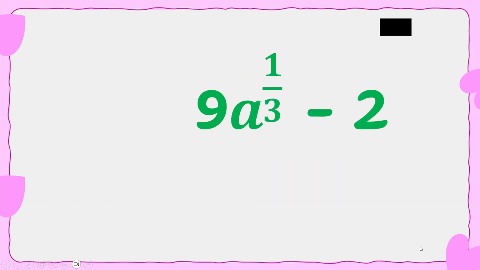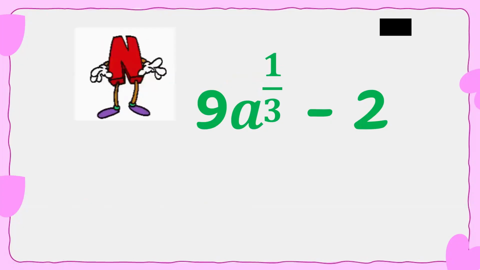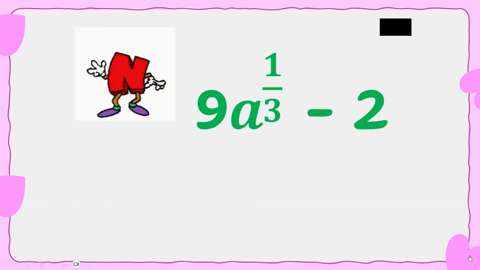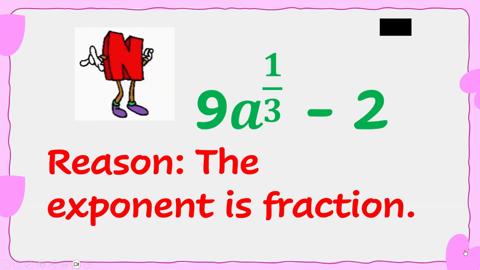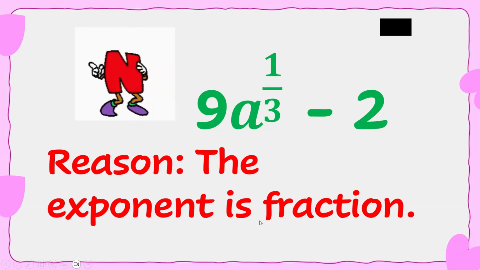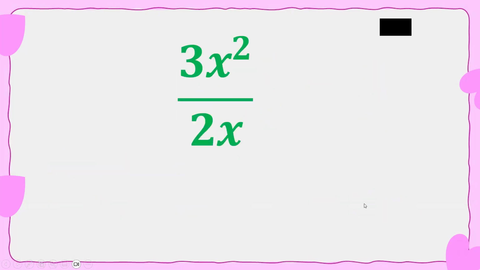Next one, 9a to the 1/3 power minus 2. Do you think it is a polynomial or not? Still, not a polynomial. Why do you think it is not a polynomial? The exponent is a fraction, meaning the exponent is not a whole number. Next one, 3x squared divided by 2x.